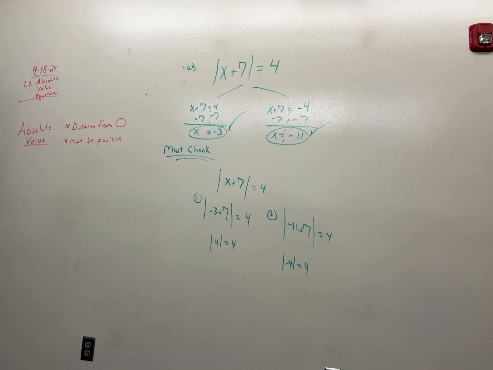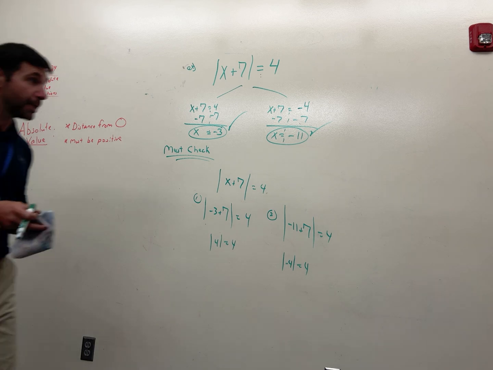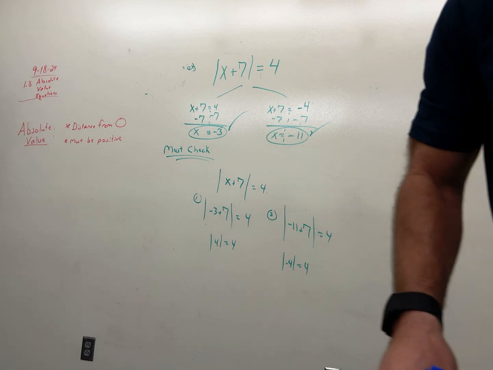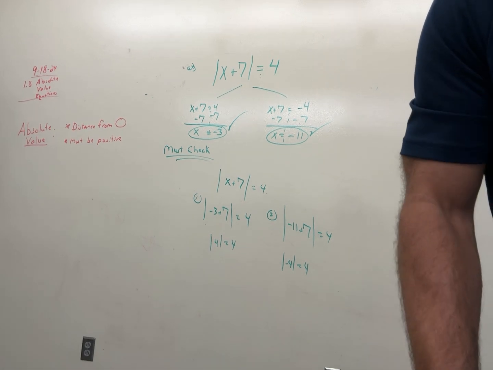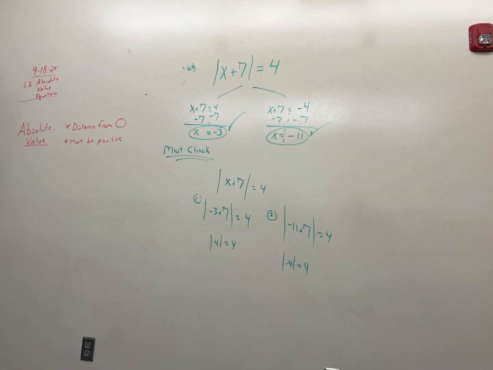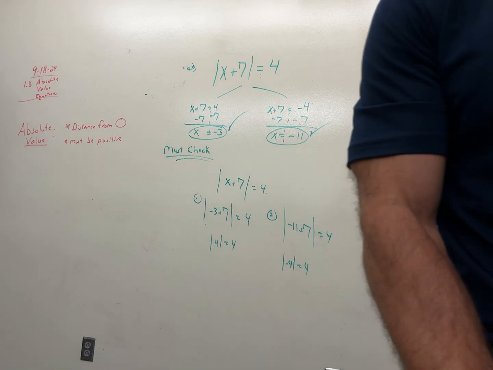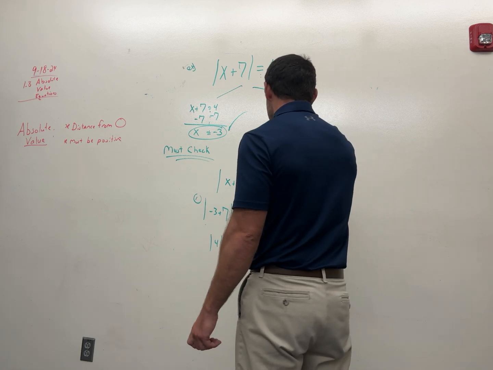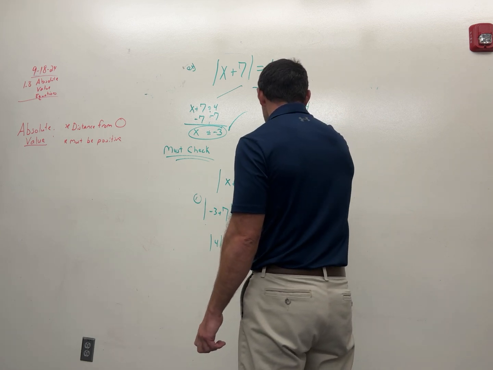Okay? You will always have two equations when you do absolute values. You can also say x equals -3, comma -11.